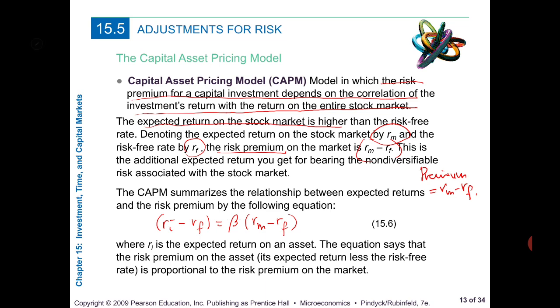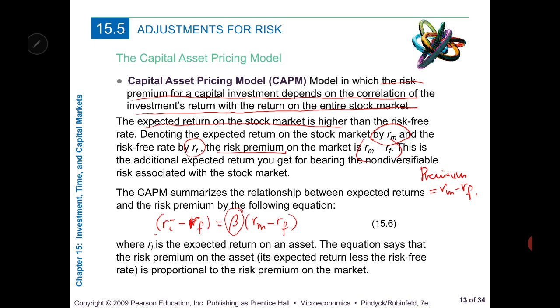In other words, on the left hand side is the expected return of the investment minus the risk-free return. It is correlated through beta.